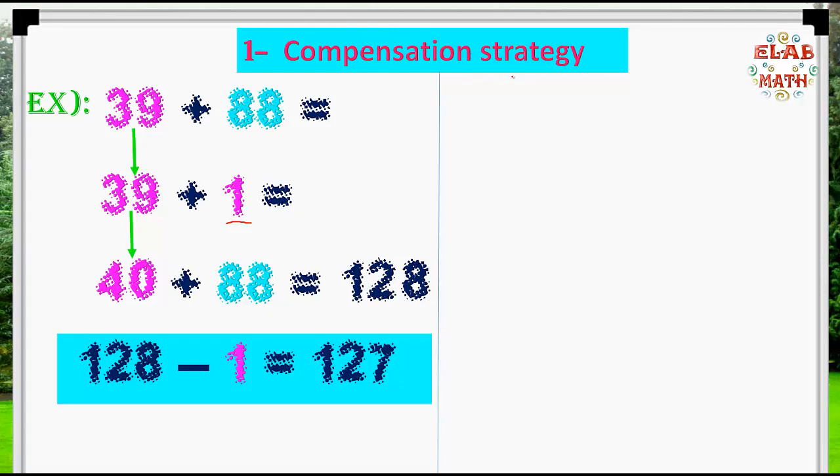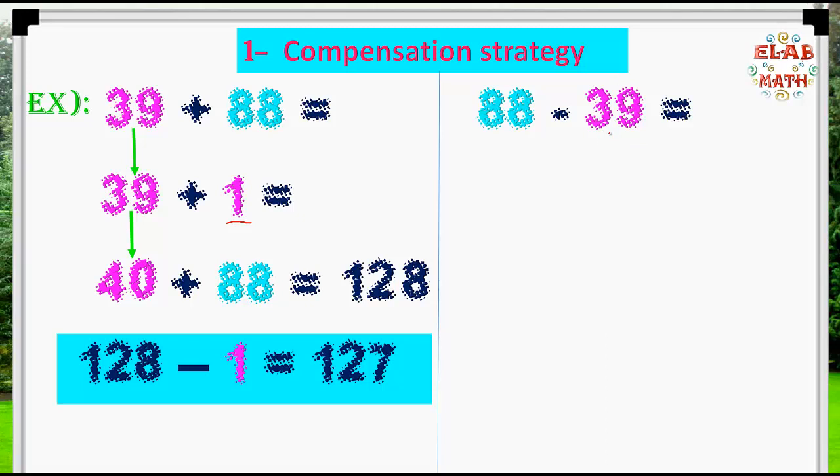And if you want to use the same strategy in a subtraction statement, 88 minus 39, how can we use the compensation strategy when we subtract? You can add an amount to the subtrahend. 39 is the smaller number, the subtrahend.